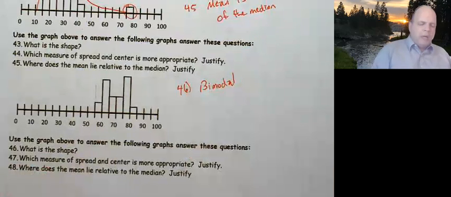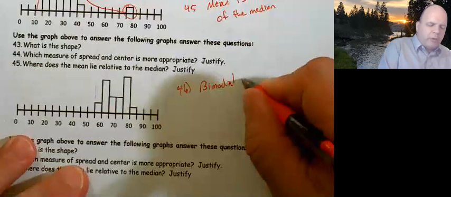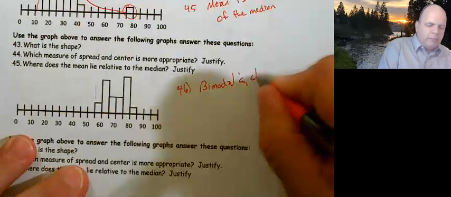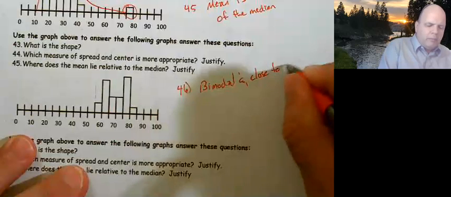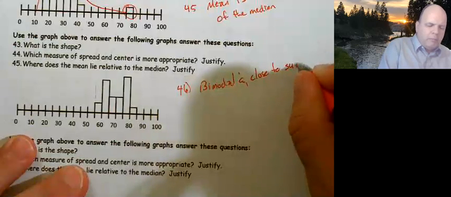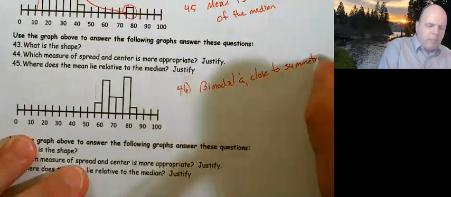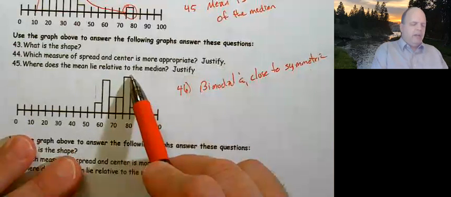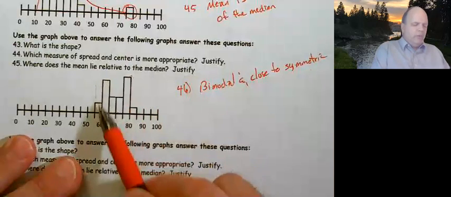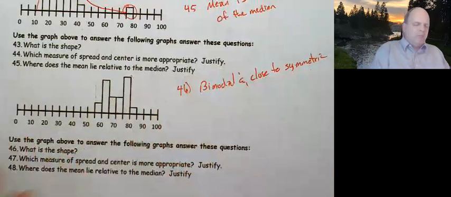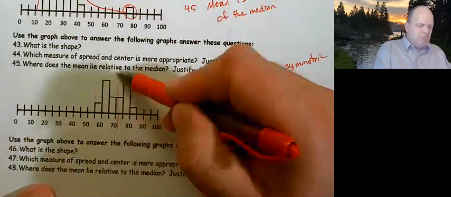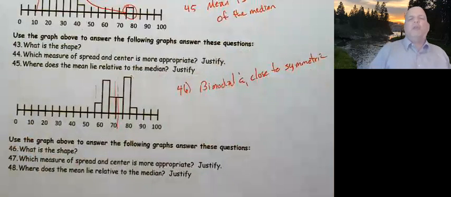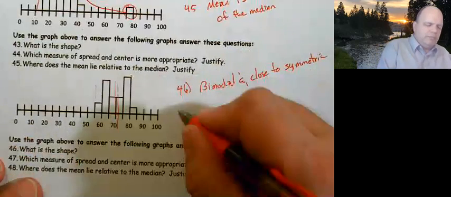But it's close to bimodal and close to symmetric. I'm going to write that down. It's not exactly symmetric because this one's a little bit higher than this one. This one's a little bit higher than that one, but it's not too far off. So close to symmetric.